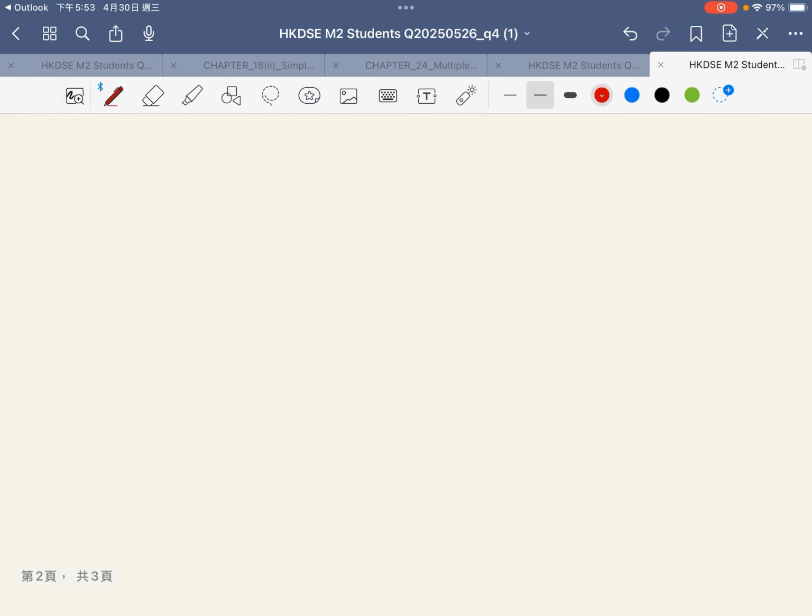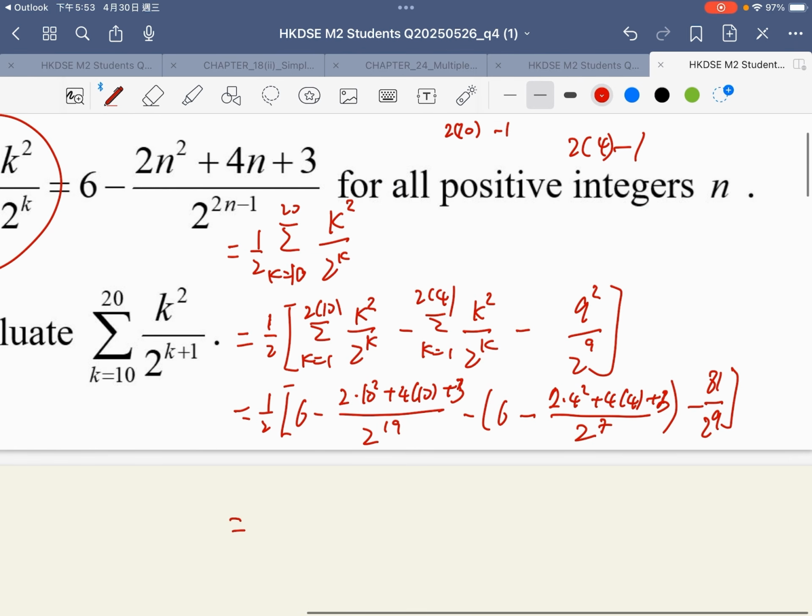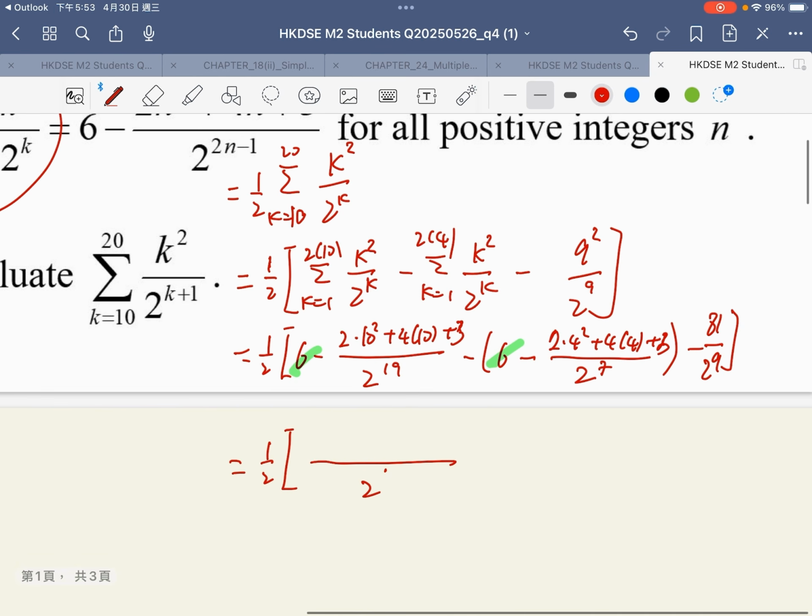Okay, let me open a new page. And now I only use the calculator. Then this 6 is cancelled. The first part has denominator 2 to the power 19, and that here is 243. Let me check.